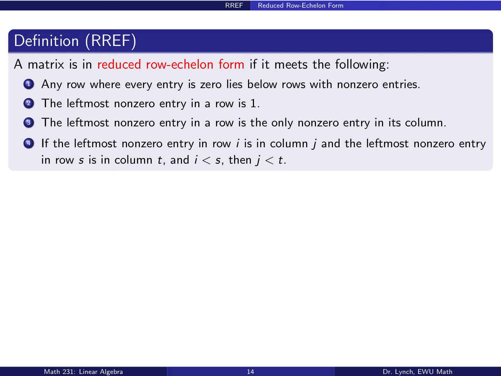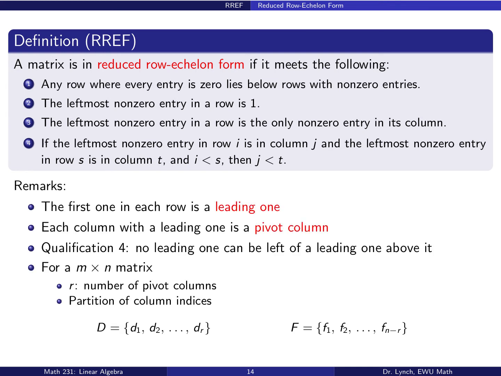Okay, so I'll make a couple comments about these entries. We say that the first one in each row is called a leading 1. So when we talk about these leftmost non-zero entries in a row, those are called the leading 1s. Each column that has a leading 1 is called a pivot column, right?